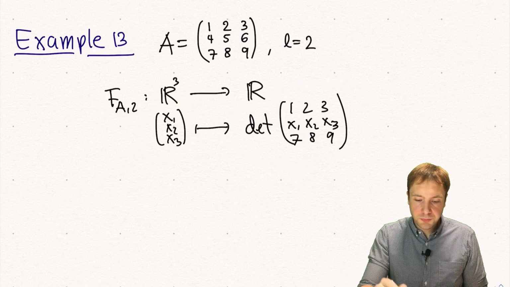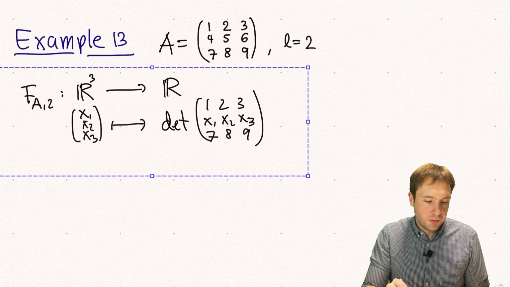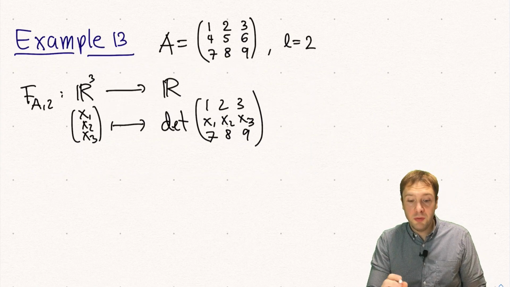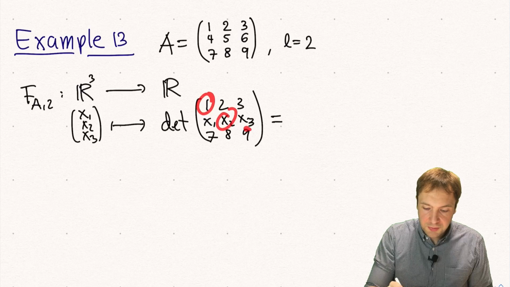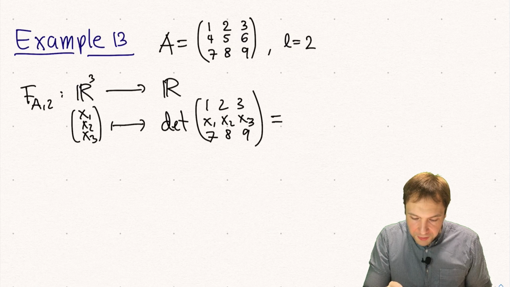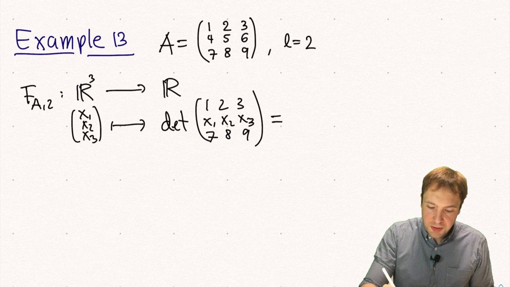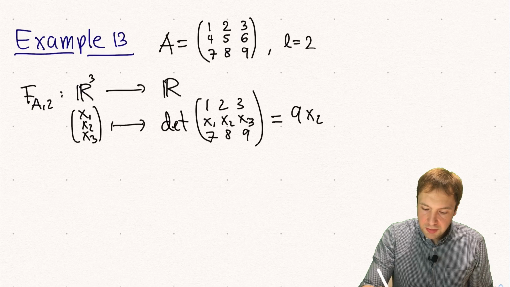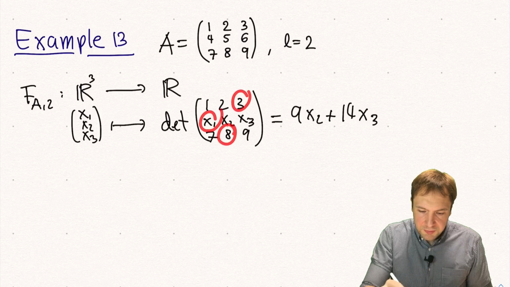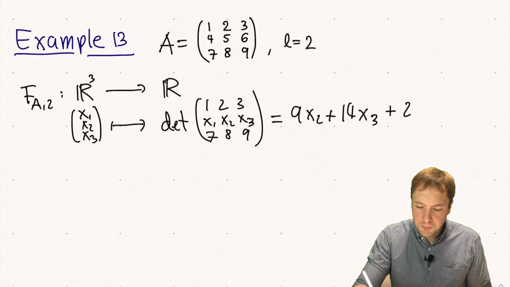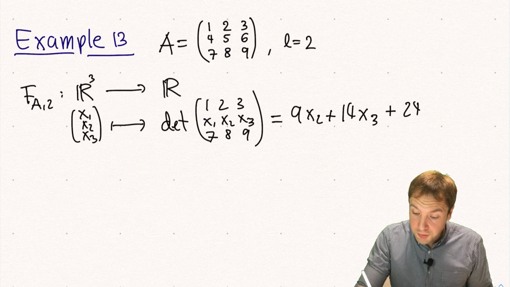And in the last video we calculated the determinant of a 3 by 3 matrix, and the idea was we take this times this times this, plus this times this times this, plus this times this times this. So here we have 9 times x2 plus 14 times x3 coming from these, plus 3 times 8 times x1, so this is 24 times x1.